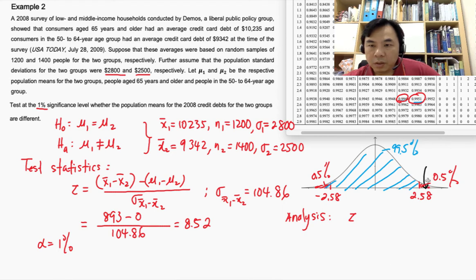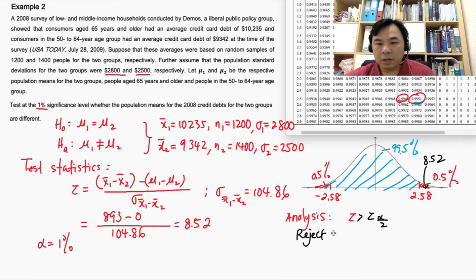Now this test statistic actually falls within the rejection region. So this is larger than the critical value. Therefore, our conclusion will be we will have to reject our null hypothesis.